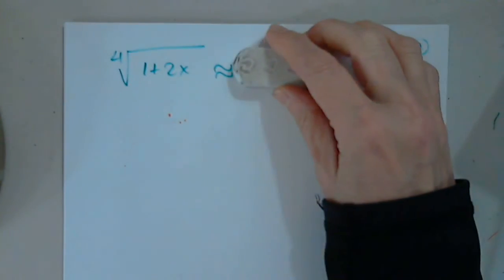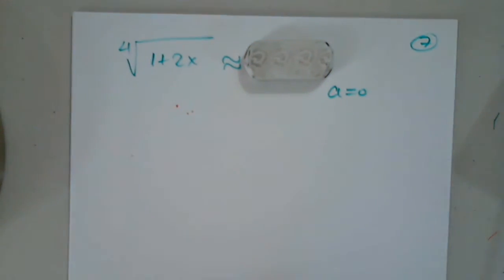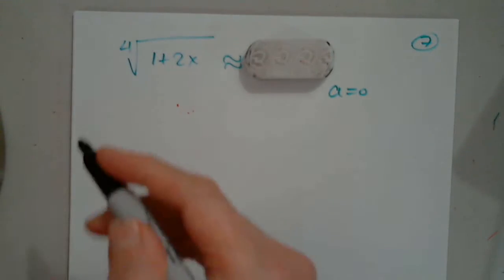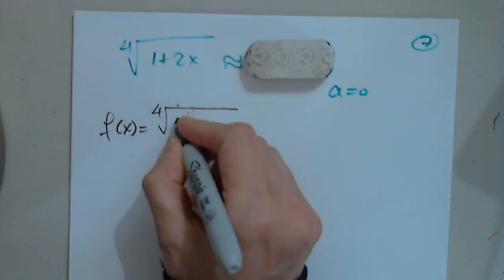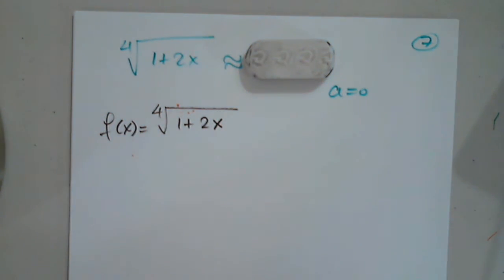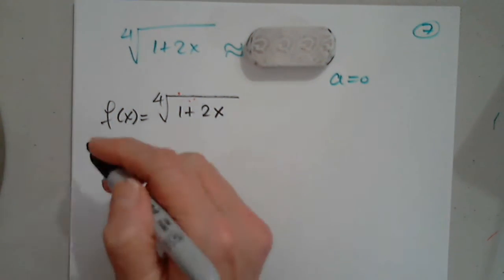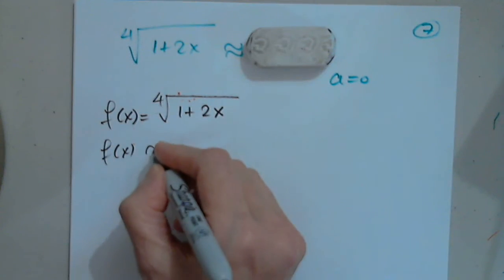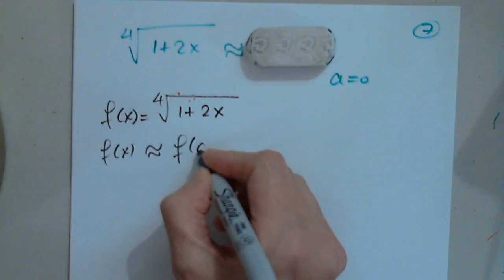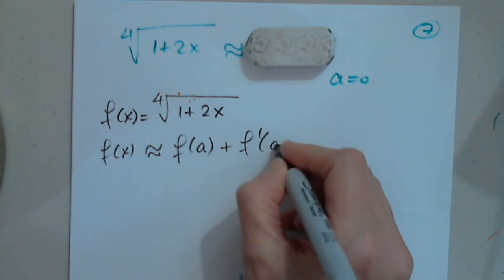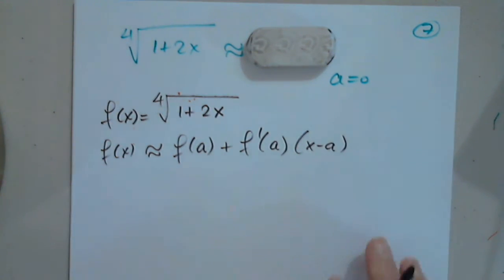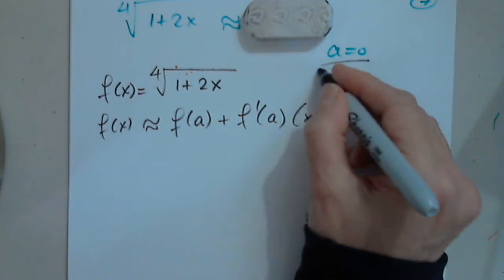I do have a function, f of x, which is the fourth root of 1 plus 2x. I know that f of x is approximately f of a, in this case a is 0, plus f prime of a times x minus a. And now I'm replacing a by 0.